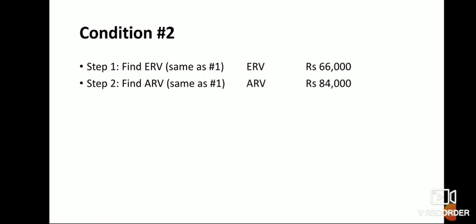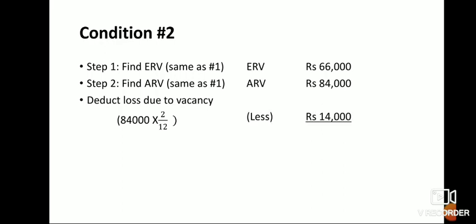ARV is 84,000. So from 84,000 we deduct the loss due to vacancy. Here the total actual rent is 84,000 into 2 months by 12, which will come to 14,000. So the final annual rental value is 70,000. This is your answer.